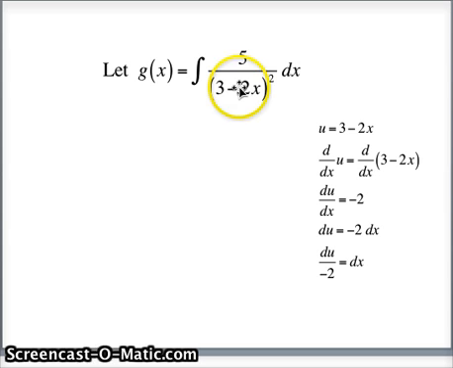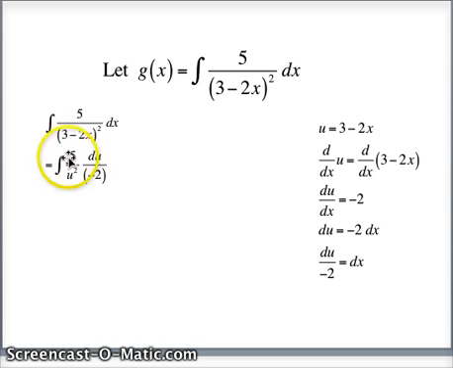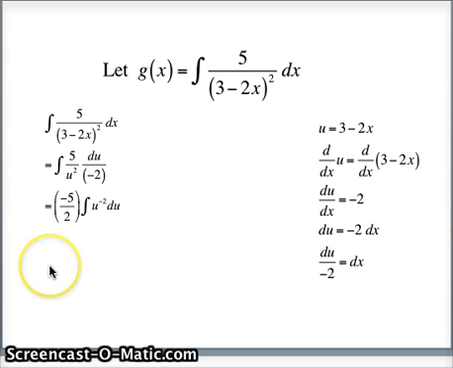We'll replace the 3 minus 2x with u, and we'll replace the dx with du over negative 2 to do this integral. So there's our original. Again, 5 over u squared du over negative 2, which we can pull the negative 5 halves out in front. So I have negative 5 halves integral of u to the negative 2 du.